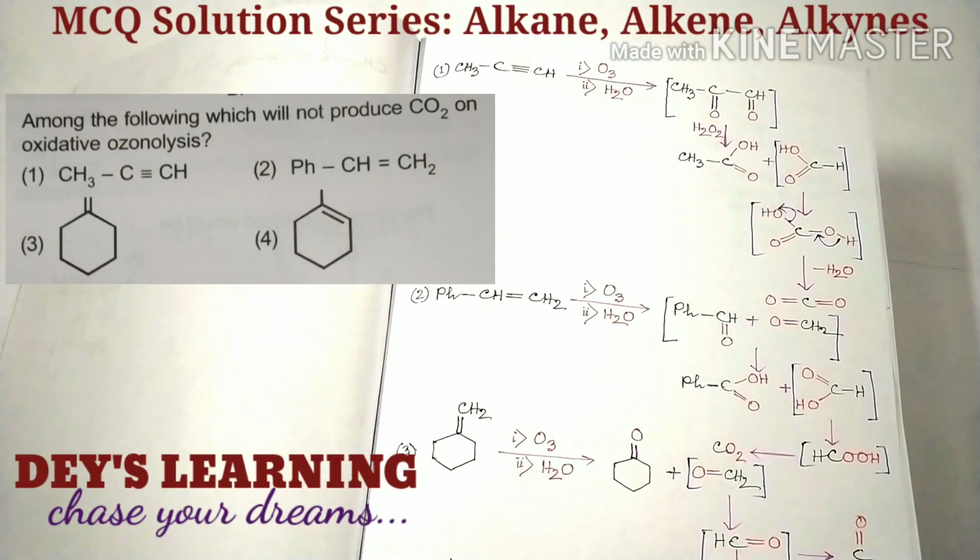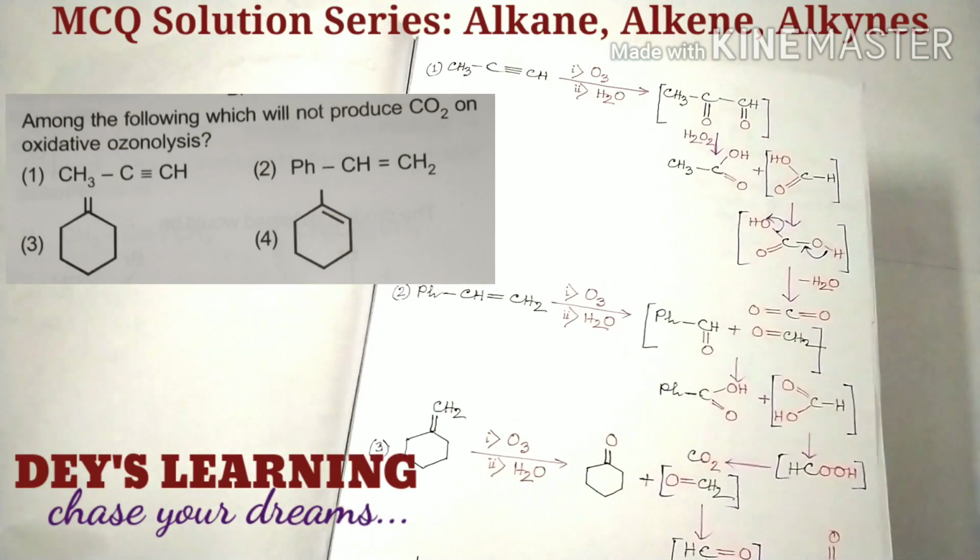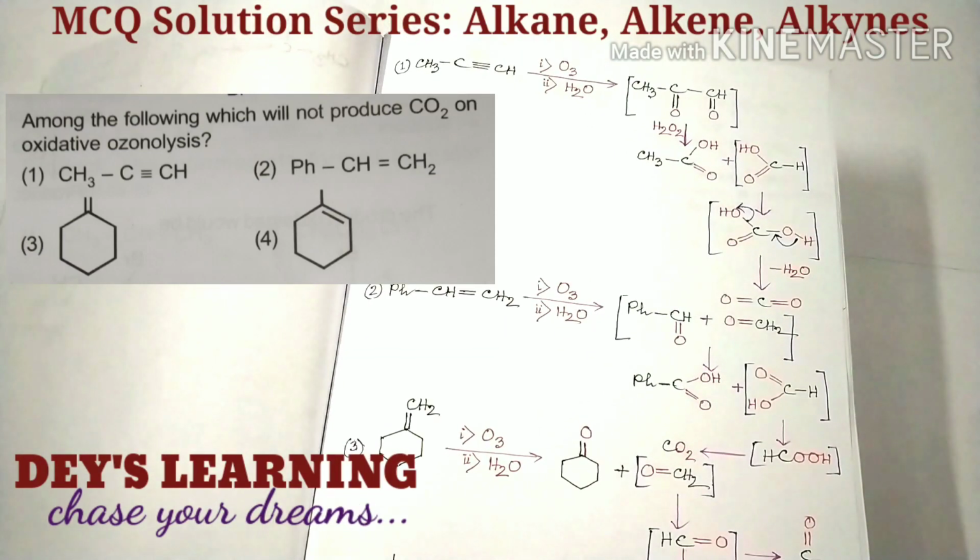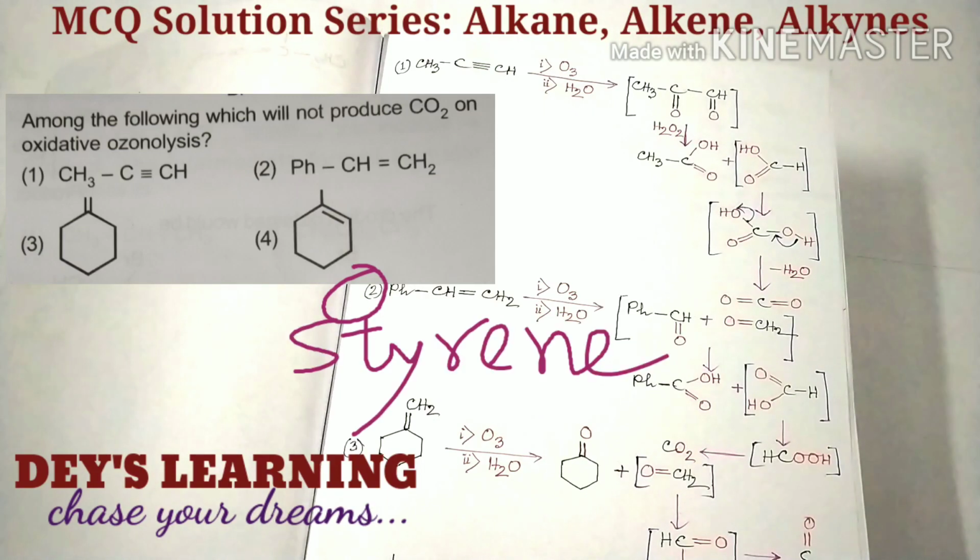this is actually a geminal diol. Two OH groups are attached to the same carbon, and after removal of a water molecule from here, we get the carbon dioxide molecule. In compound 2, this is a styrene molecule, PhCH=CH2.